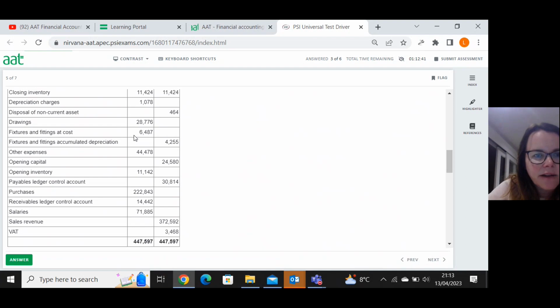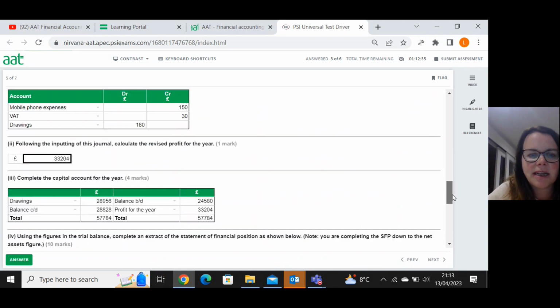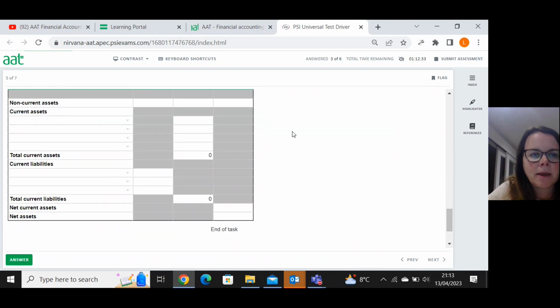And I'm going to put the cost, the 6487, and the accumulated depreciation in. Then I need to calculate 6487 subtract 4255 is 2232.